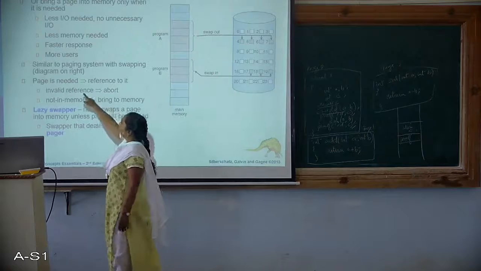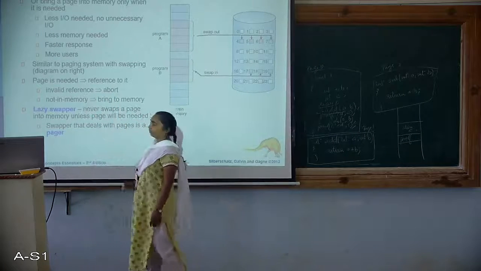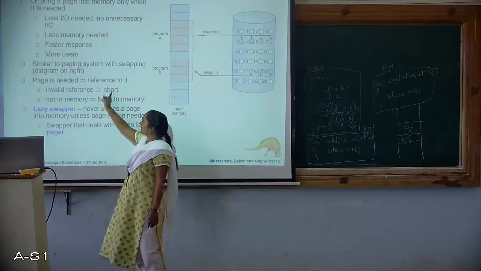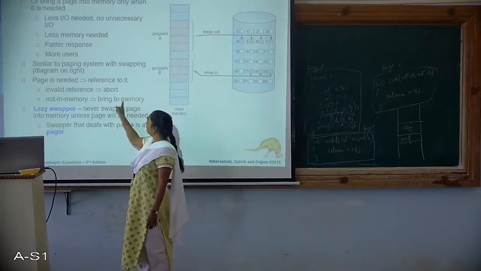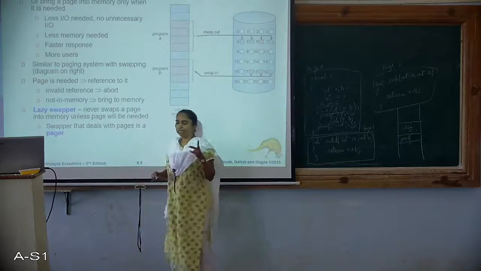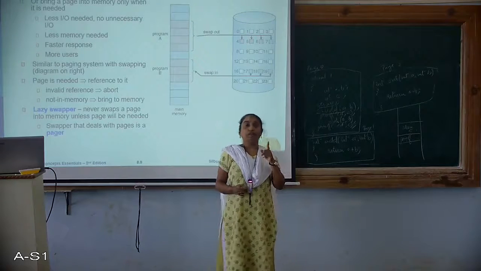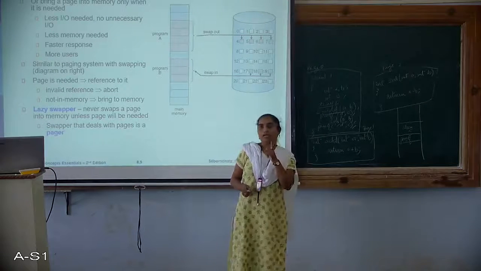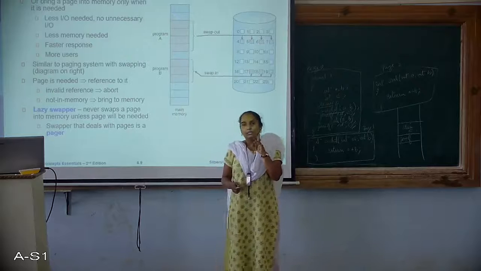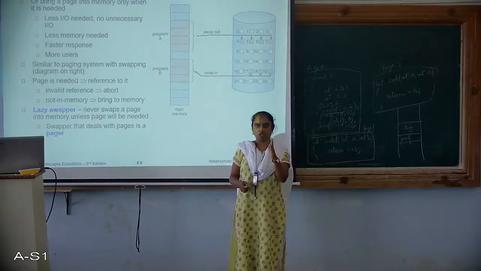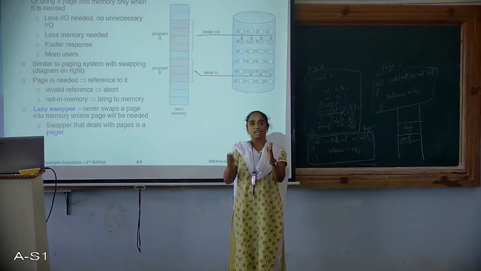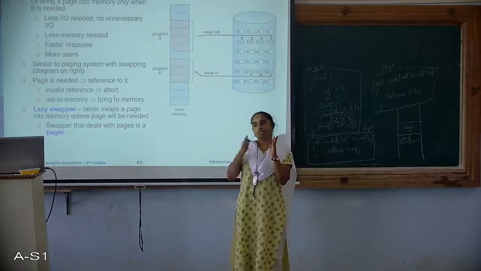So we were here. We said a page is needed, reference to it. Invalid reference, abort; not in memory, bring to memory. So two things happen. We have a valid and invalid bit again here, like we had in the previous main memory management. Here also in the page table, we have the page number, which frame it is in, and whether it is valid or invalid.